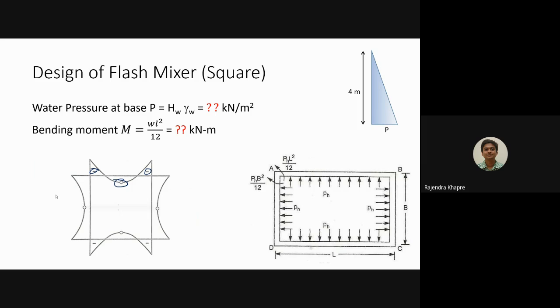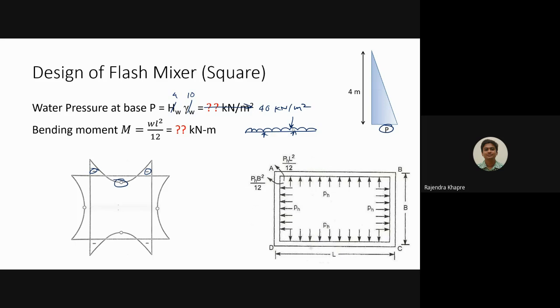So this pressure value is nothing but the height of water multiplied by density of water. So height of the water is 4, density of water is 10. So the pressure at the base is 40 kilonewton per meter square. Okay, so this is very much similar to a situation where we have a simply supported beam, or rather continuous beam, where this pressure of 40 kilonewton per meter square is applied, isn't it?